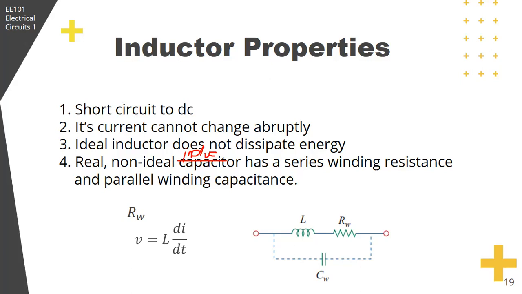RW is the winding resistance and CW is the winding capacitance. The winding resistance is usually very small, so in usual analysis it is disregarded, and RW is taken as zero. The winding capacitance is also very small, so it is ignored in most cases, except at high frequency.